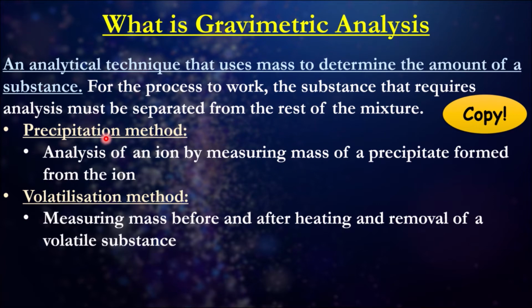One is through precipitation, by analyzing the ion by measuring the mass of the precipitate formed of that desired ion, or volatilization, measuring the mass before and after heating and removal of a volatile substance. The main one we're going to be looking at is, like I said, precipitation.